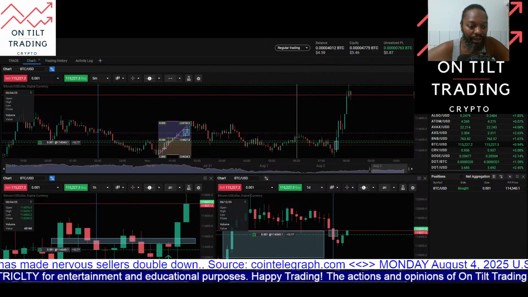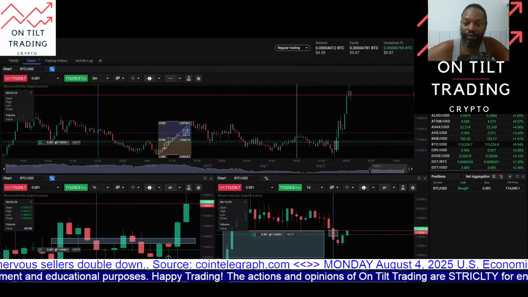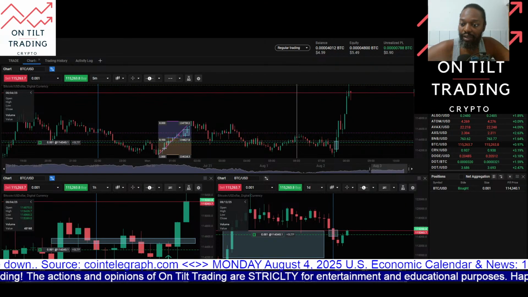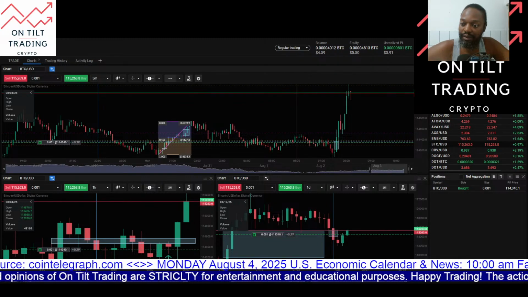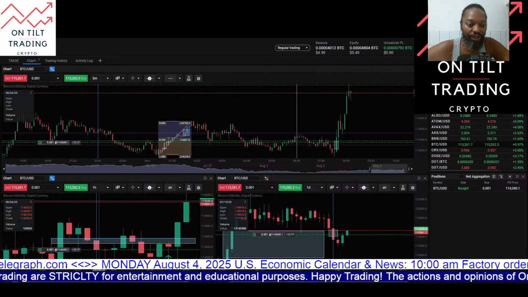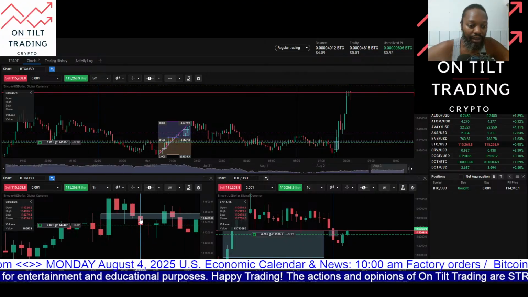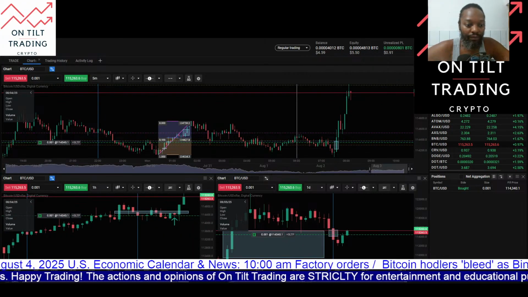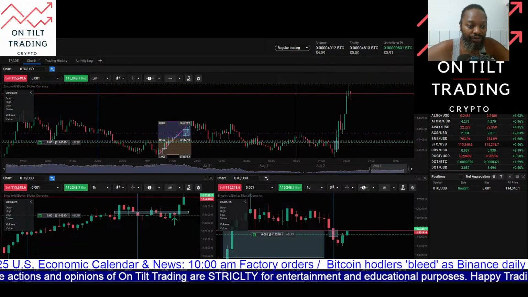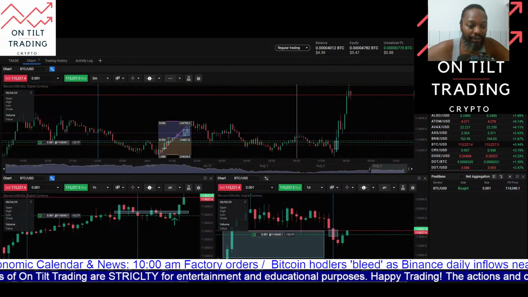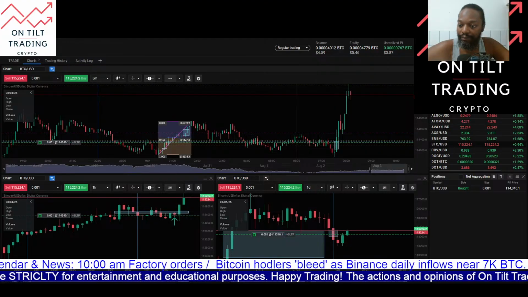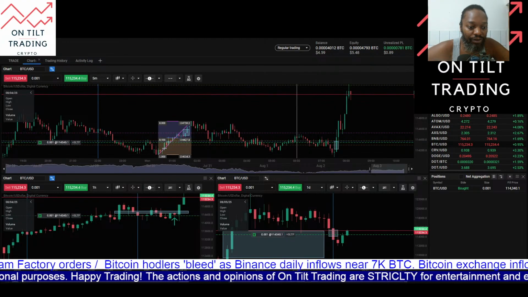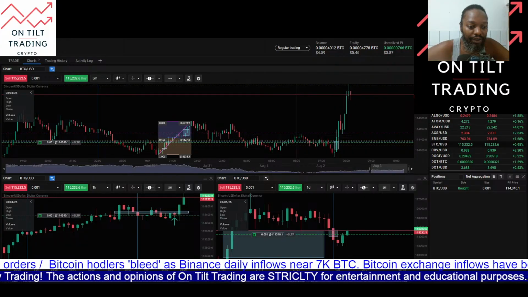And then I would be looking for a market structure shift or break of structure, and this is a break of structure right here. There's a break of structure right here, just looking at the bodies. This is the structure up here, and then it's broken here.